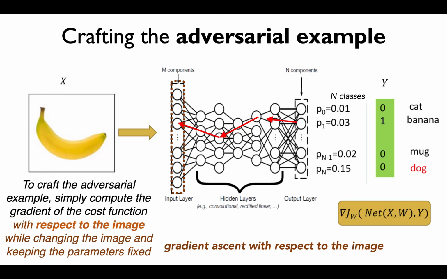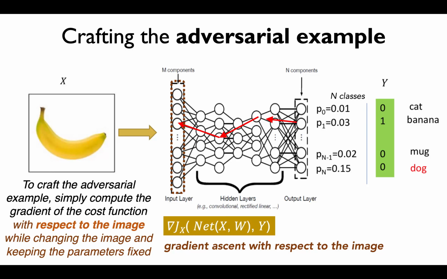When we are crafting an adversarial example, we are going to use the exact same algorithm, but now we just change the objective. So instead of minimizing the loss with respect to the weight, we in fact maximize the loss with respect to the input. So now we want to maximize the distance between the true class and the classes that we have, and for doing that, we can change the pixels here.